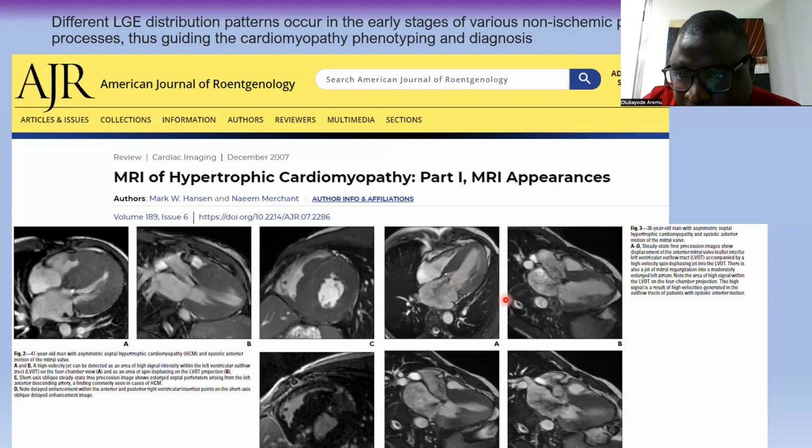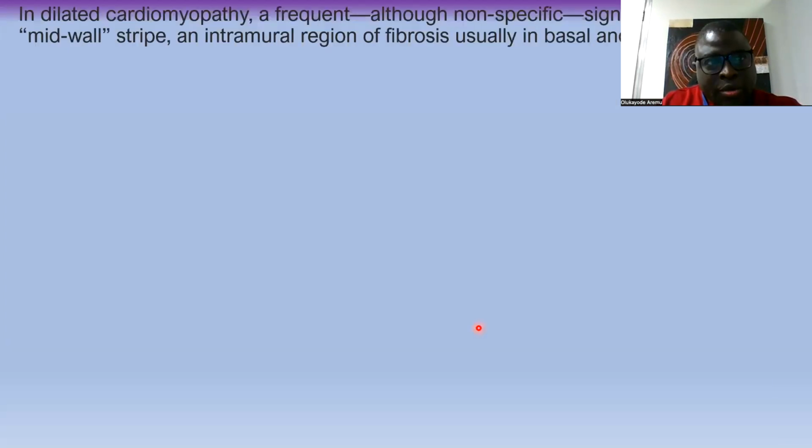This is accompanied by a high velocity spin dephasing jet into the LVOT. So what we're trying to say here is that the LGE distribution pattern occurs at different stages of non-ischemic pathological processes, and it helps in diagnosing and phenotyping cardiomyopathy.